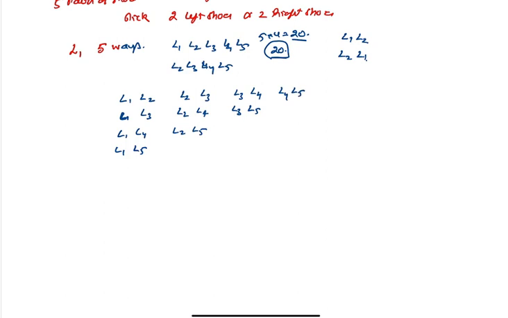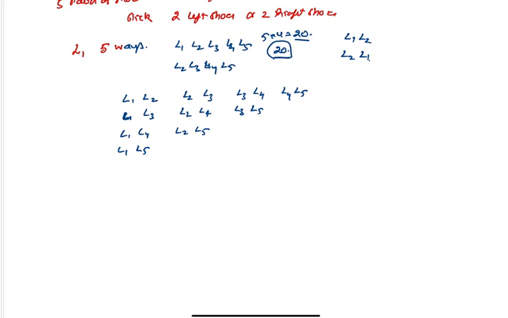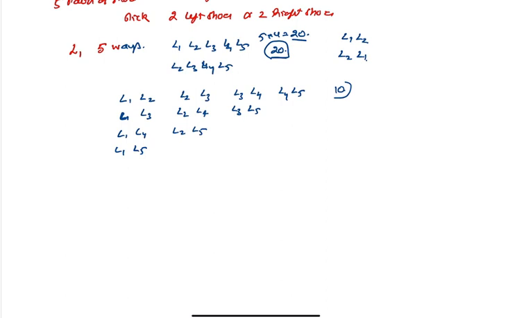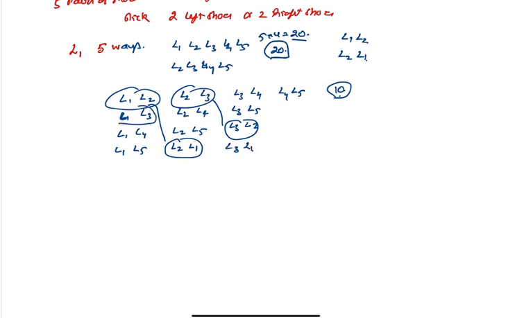If you look at it this way, you only have 1, 2, 3, 4, 5, 6, 7, 8, 9, 10 combinations. Any other combination, like L2 with L1, is the same as one already counted. Similarly, L3 with L2, or L3 with L1, we already have. So you don't actually have 20 combinations, you have 10 combinations.